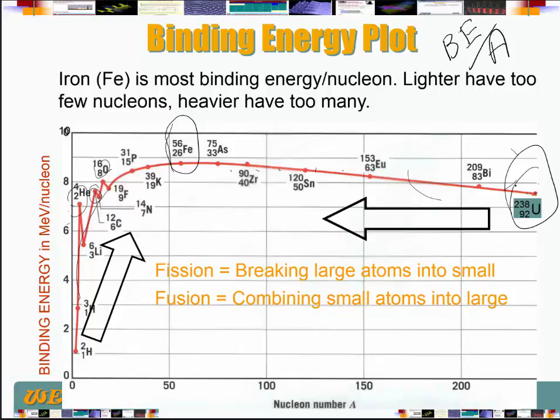Since we have more binding energy in that nucleus than here, the difference in binding energy is going to be emitted.